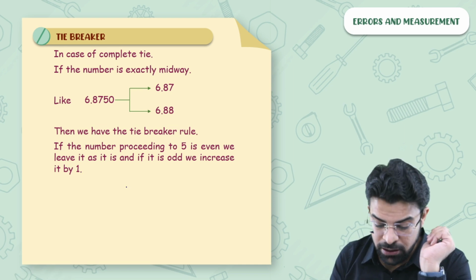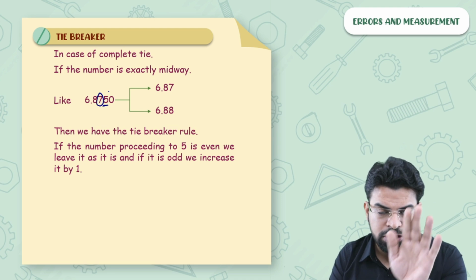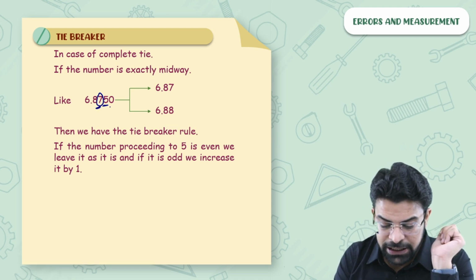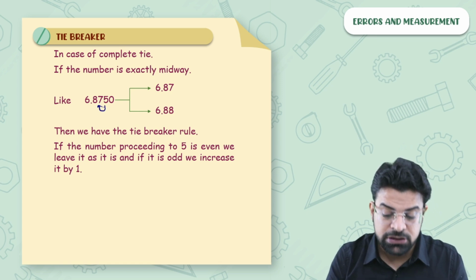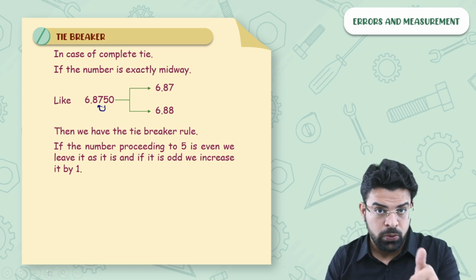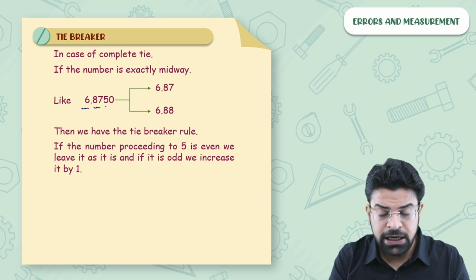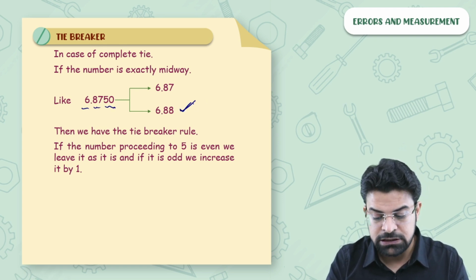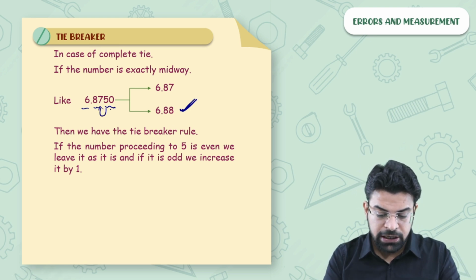Here the number preceding 5 is 7, which is odd, so we add 1 to it. So when we round off 6.8750, what we get is 6.88, because this odd number increases by 1.